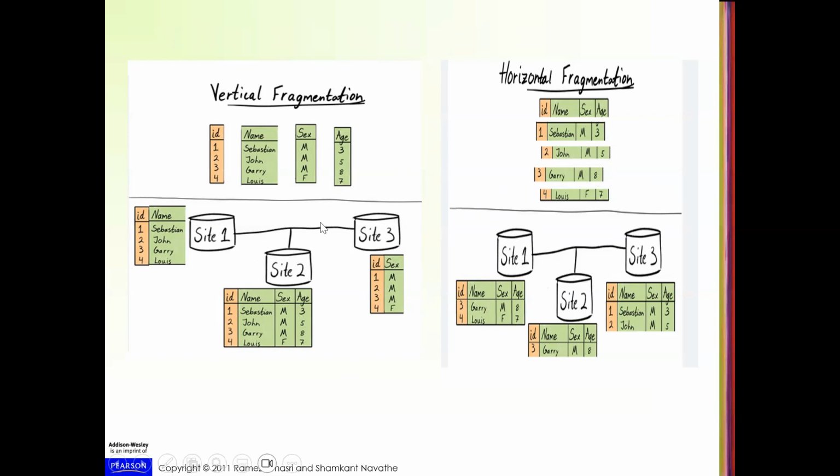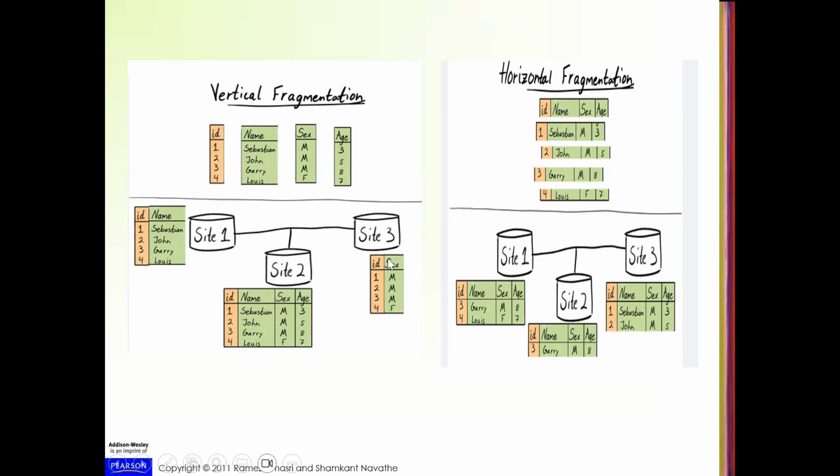Now, when you have a combination of vertical fragmentation and horizontal fragmentation, then it is called hybrid fragmentation. For example, if I divide it into rows in site 3 in the vertical fragmentation, if I apply horizontal over it, then it becomes hybrid, because it is going to be the collection of vertical and horizontal together.